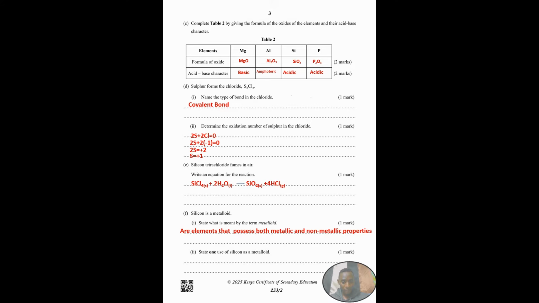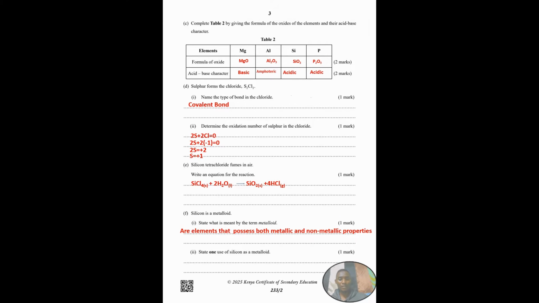Silicon is a metalloid. What is meant by the term metalloid? I defined this before. Metalloids are elements that possess both metallic and non-metallic properties, or in other words, elements which have properties intermediate between metals and non-metals.